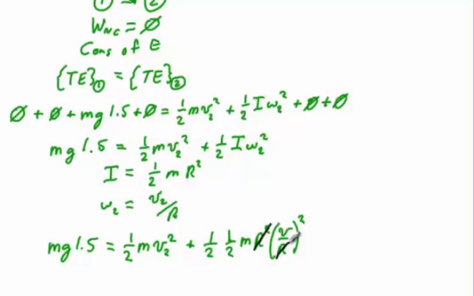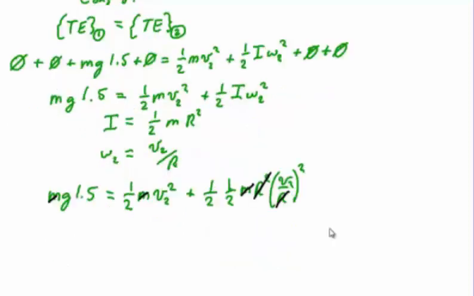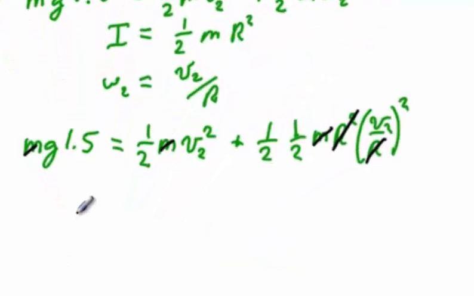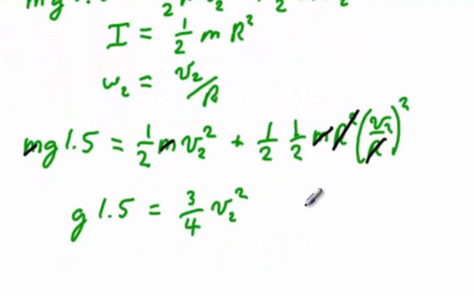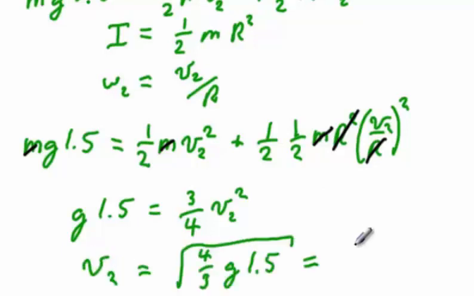The radii will cancel entirely, as will the mass. However, on the right-hand side, rather than half mv squared plus another half mv squared, we have half mv squared plus a quarter mv squared for 3/4 mv squared, yielding us the result that g times 1.5 is 3/4 of v2 squared, leading us to the numerical result for v2, 4.43 meters per second.